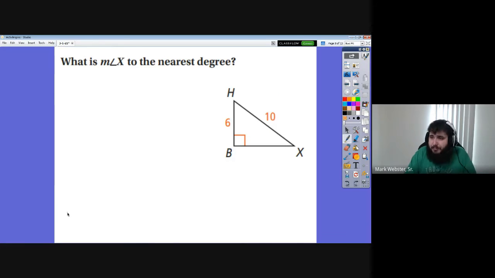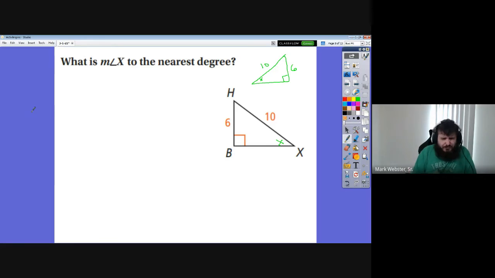Now we're going the opposite way. What does that mean? Well, here, what I want is the value of that angle. How's that going to work? Let me show you. So first things first, let's redraw this because this is backwards from what it should be, right? Trying to find that angle. I'm given this here is 6 and this here is 10, right?